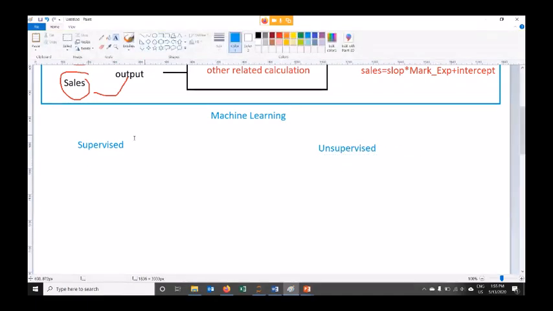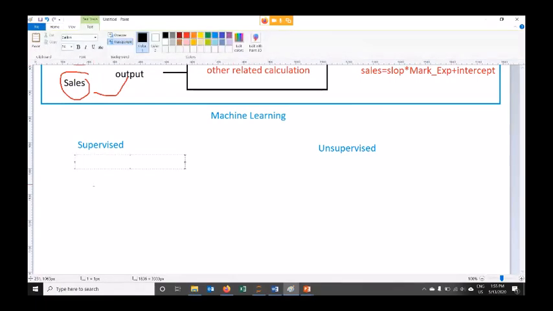In the case of supervised, we have both elements with us, which means input and output elements are available to process the ML algorithm.